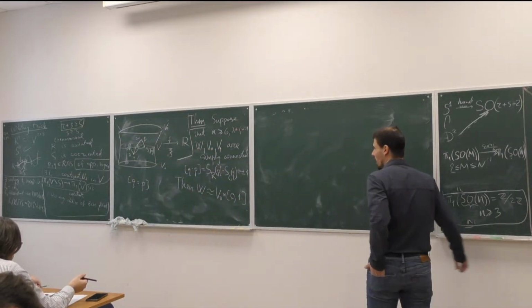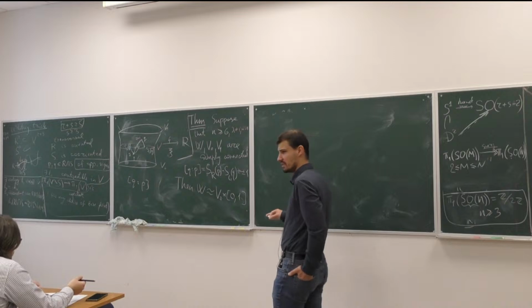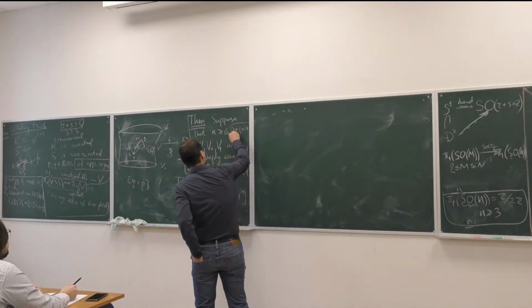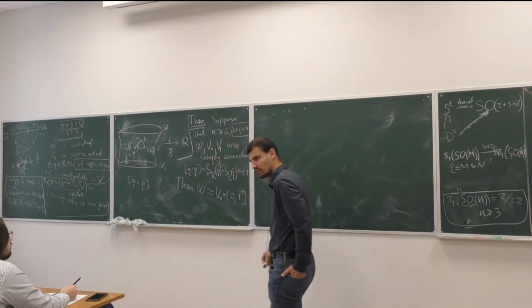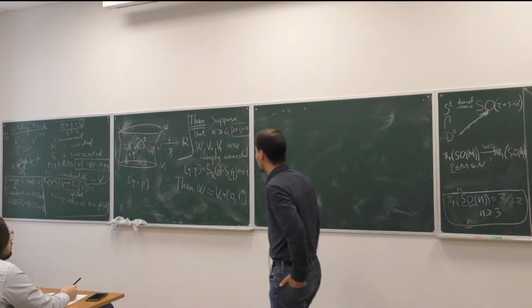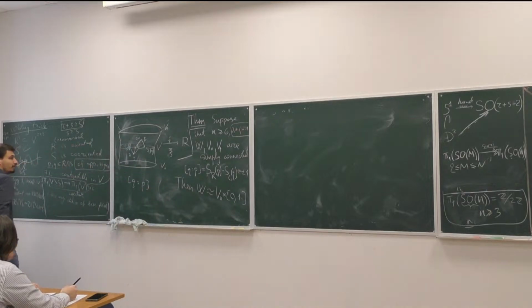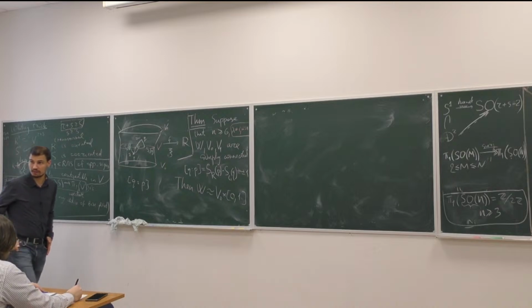We will not need this theorem in this situation. So I add this, but this is not important for the statement. The statement is true for 1 and n minus 1 too. Well, actually, the proof is different.